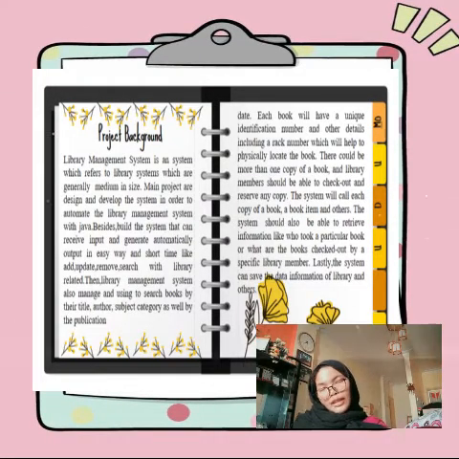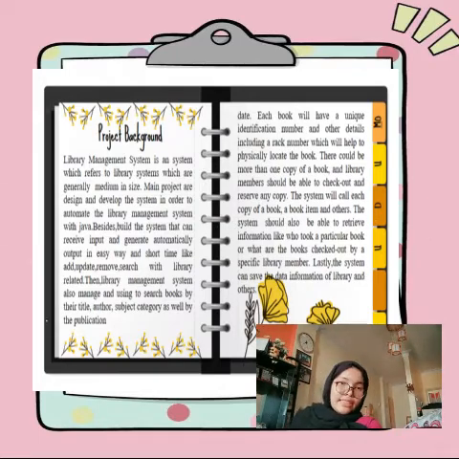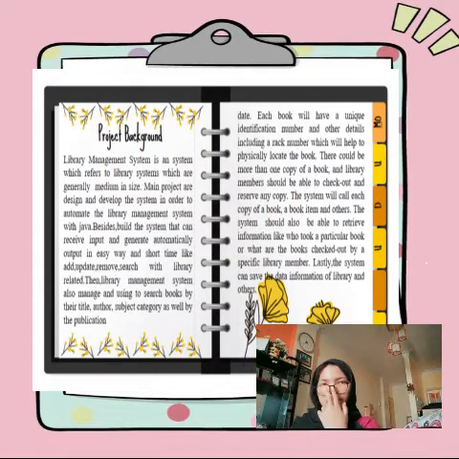Hi, Assalamualaikum. My name is Nur Alisha Nadira binti Muhammad Sukri, and today I'm going to explain about a project that we created for object-oriented programming. The project that we created is a library management system. So I will explain a little bit about the project background.